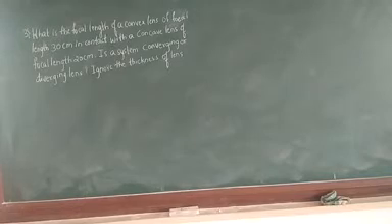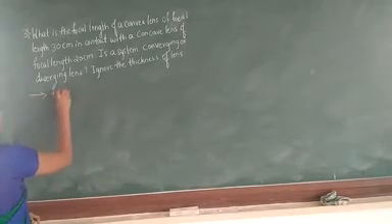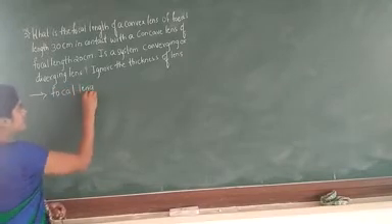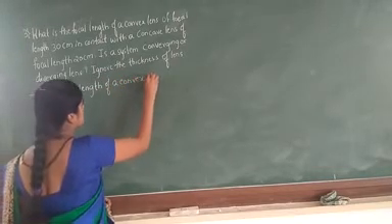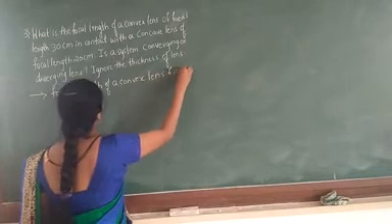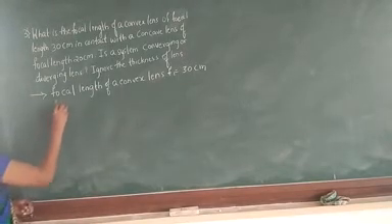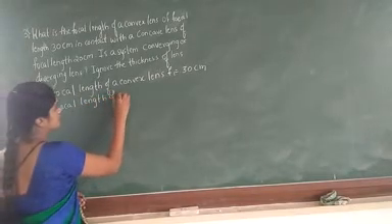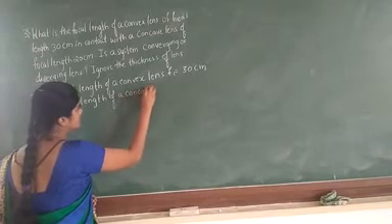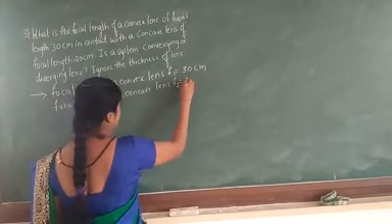Now first we have to write the given terms. They have given that the focal length of the convex lens f1 is equal to 30 centimeter, and in the same way the focal length of the concave lens f2 is equal to 20 centimeter.